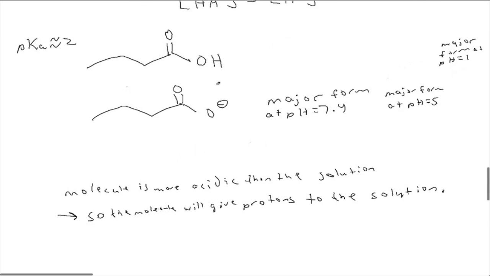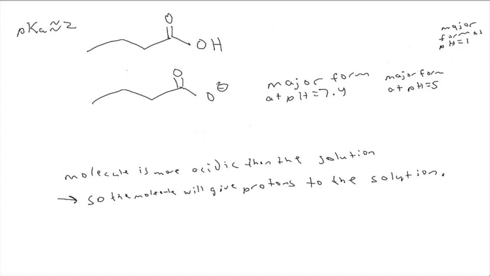After I write this, I want to explain it so it will help solidify in my mind. Good. I have written down, so when the pH of the molecule is not as acidic as the solution.